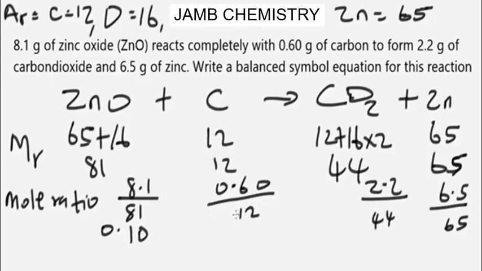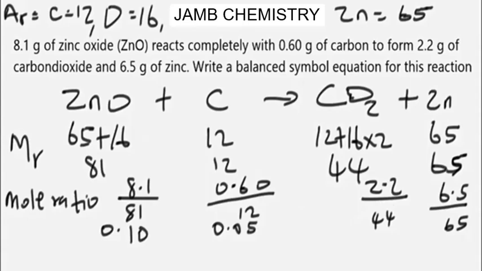Now 0.60 divided by 12, let me punch it. This one will give me 0.05. So this gives us 0.05. Now 2.2 divided by 44.